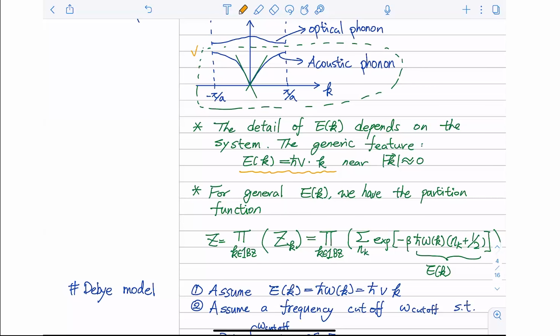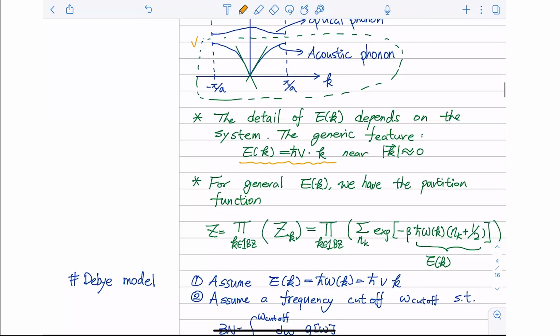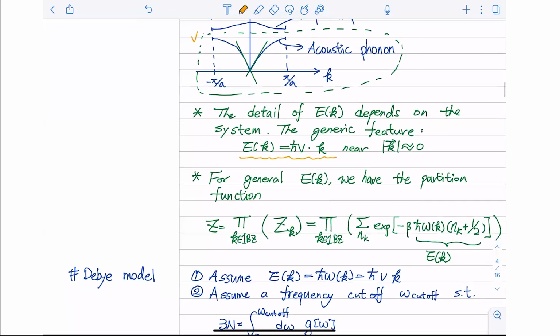But before we focus on this generic feature, let's ask: if we have an acoustic phonon band, which is described by E(k), how should we write down the partition function for this system?